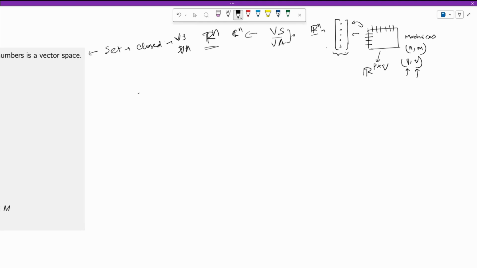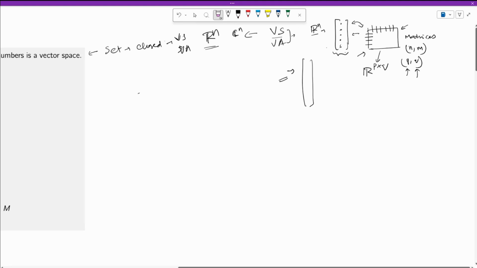In effect, it's no different: what you have are PQ numbers, and you've just chosen to arrange them in a particular fashion. You could very well have written those numbers as an R^(PQ) vector, a linear arrangement of numbers. And we know R^(PQ) is a vector space because any Rn is a vector space. PQ is just another integer, so it is a vector space.